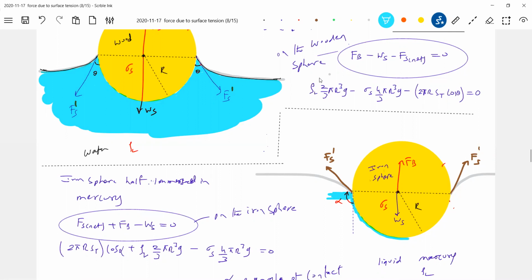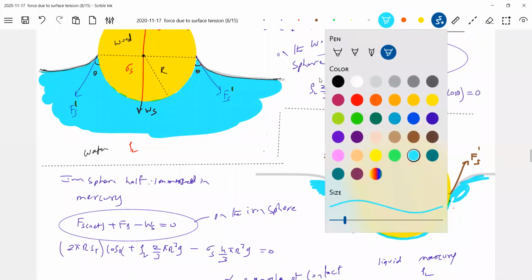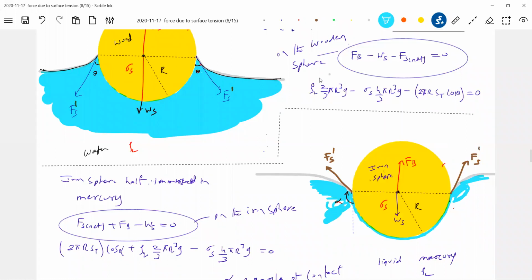You can practice questions on this in Irodov or Cengage book. Almost basic. Don't go for capillary rise, capillary fall, all that. Only force due to surface tension numericals are there; you practice a few. Any doubt, anybody? If you have doubt, you can clarify.